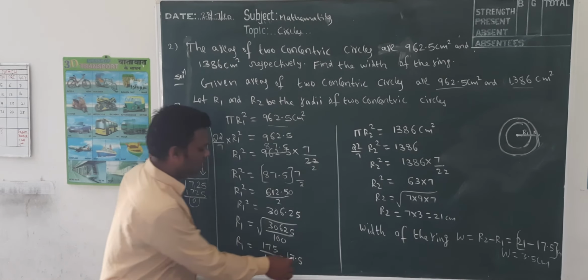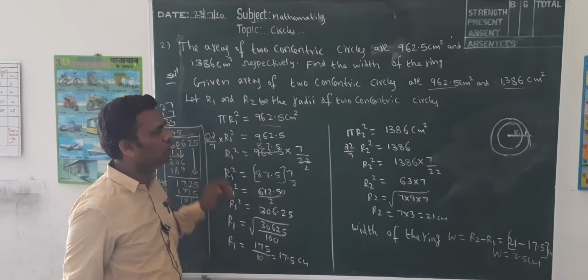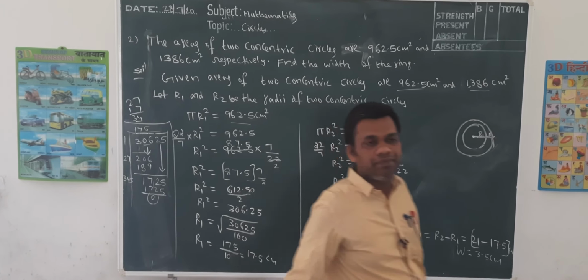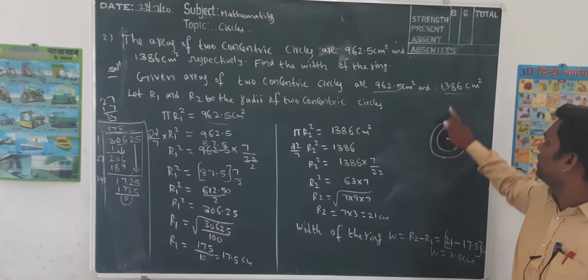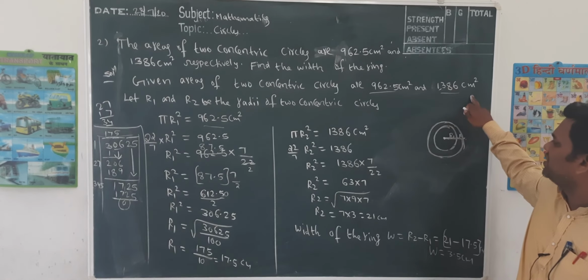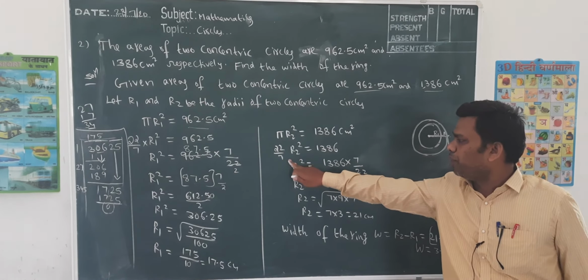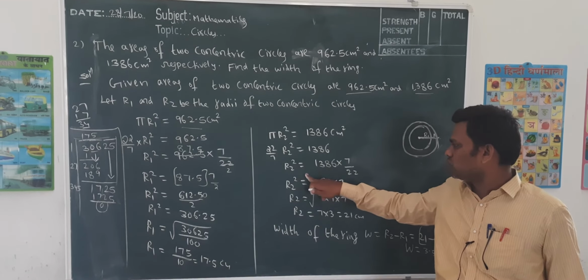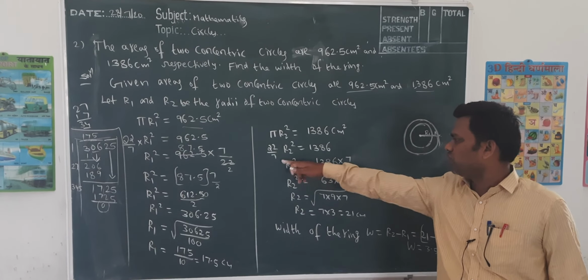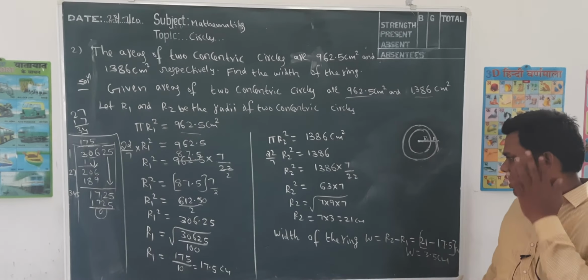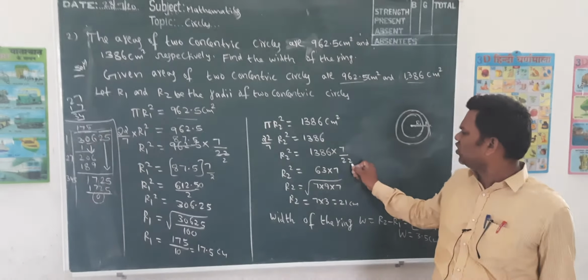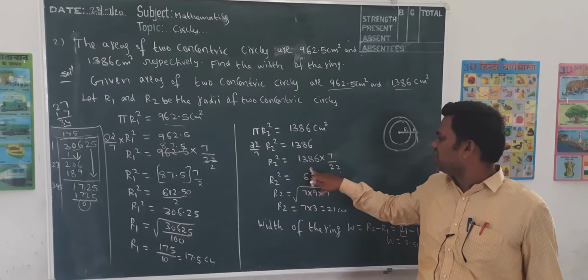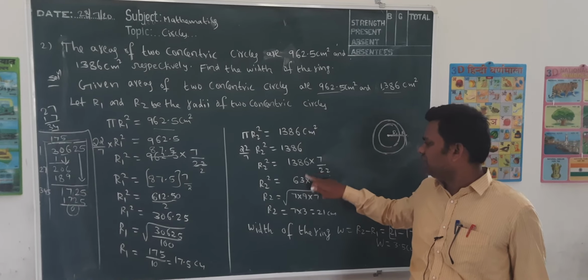17.5 centimeter. Now come to pi R2 square, that is 1386 centimeter square. 22 upon 7 into R2 square equals 1386. R2 square equals 1386 into reciprocal 7 upon 22. See now here, 22 63 times we will get 1386.